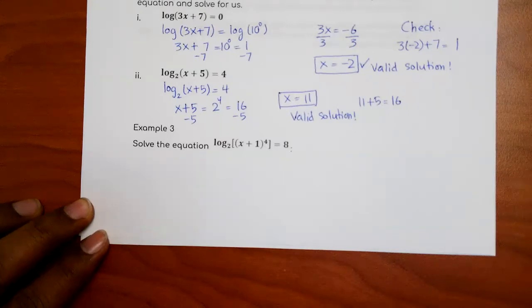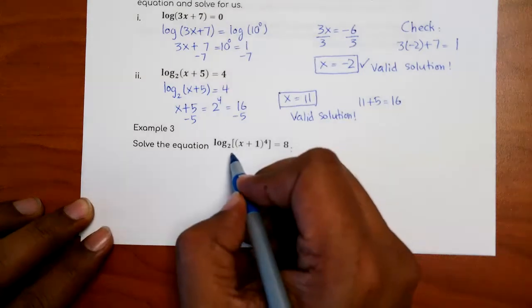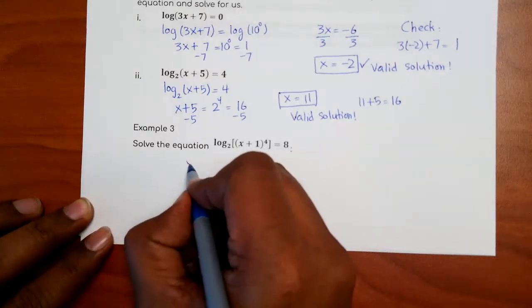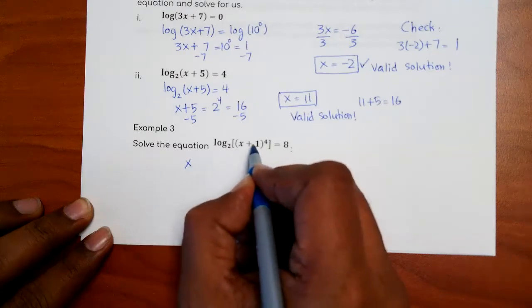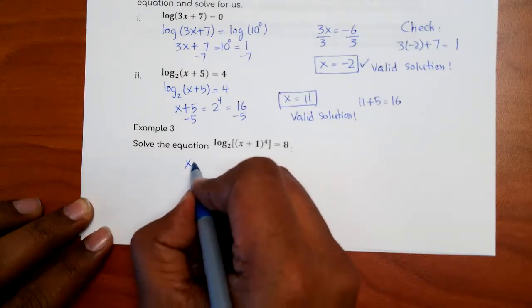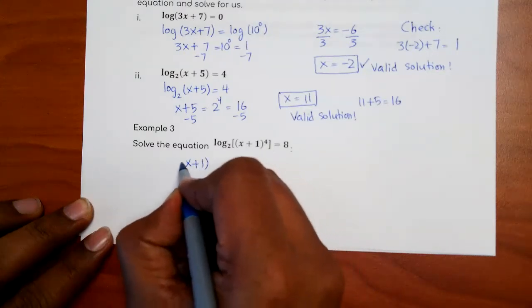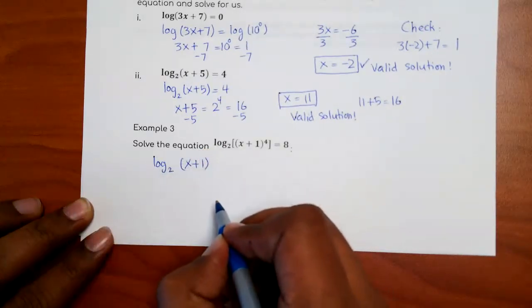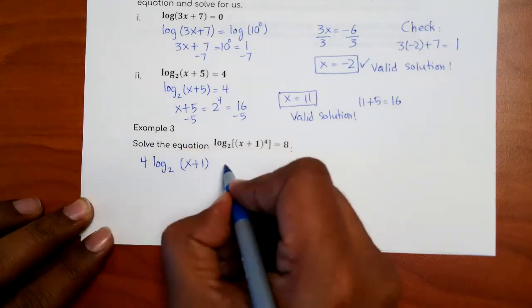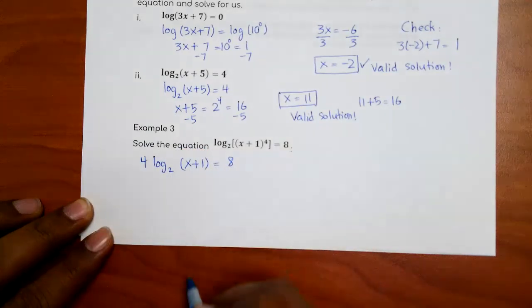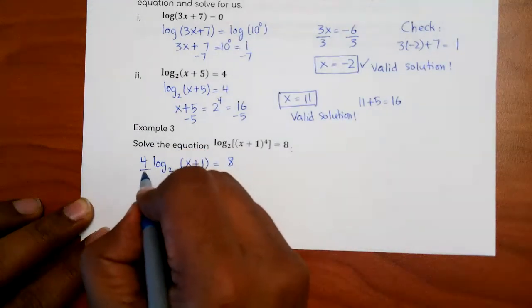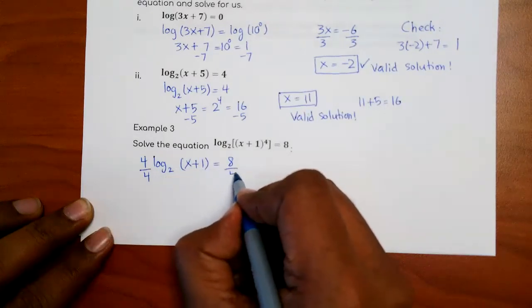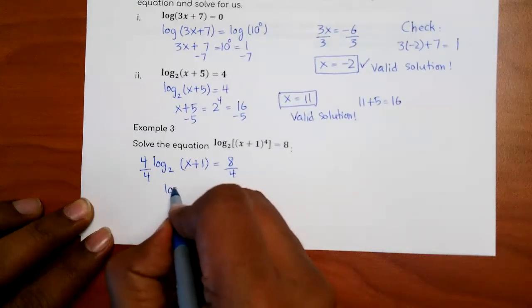Log base 2 of x plus 1 exponent 4 is equal to 8. When we change it to the exponent form, first of all, we can take 4 outside. So x plus 1 we leave within the log. Log base 2 of x plus 1, 4 comes out, is equal to 8. Then we divide both sides by 4, so we get rid of that exponent.